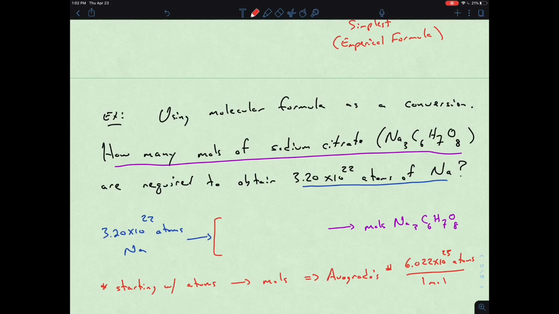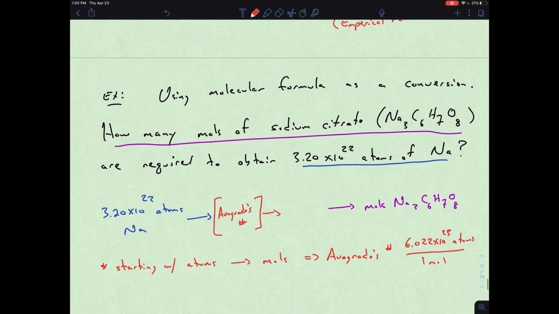That I have Avogadro's number helping me do some type of conversion to get to the mole value. And then I can use the molecule's formula to relate molecule to element.